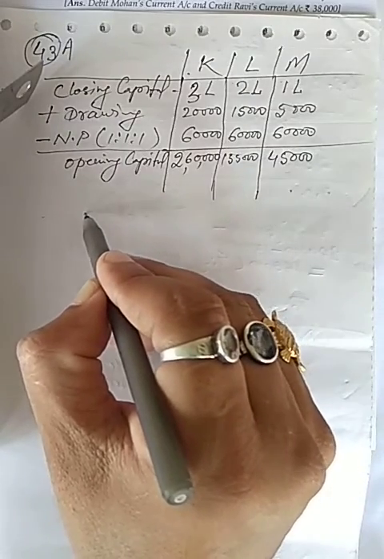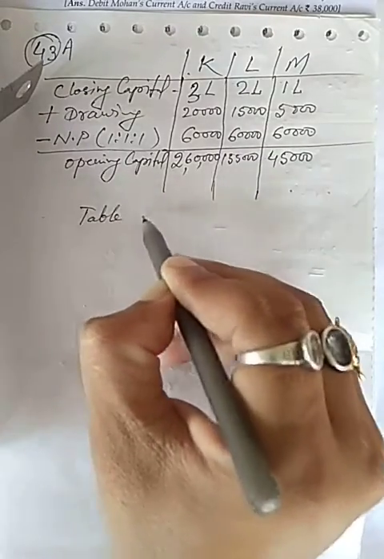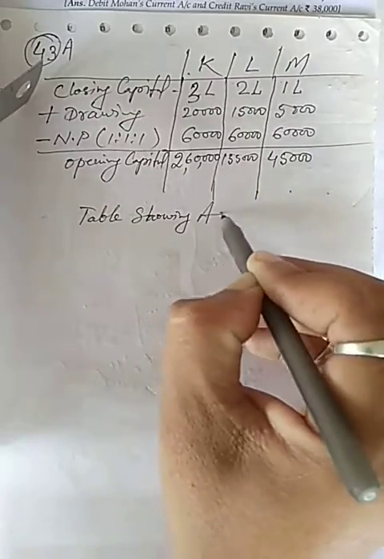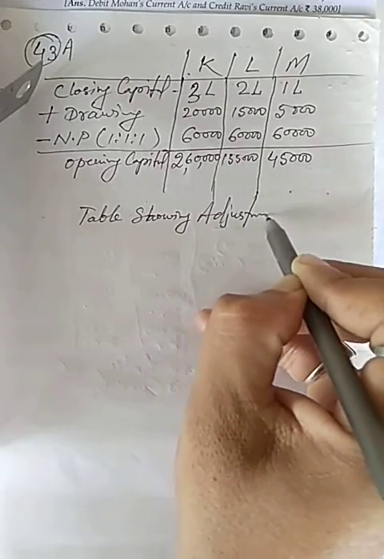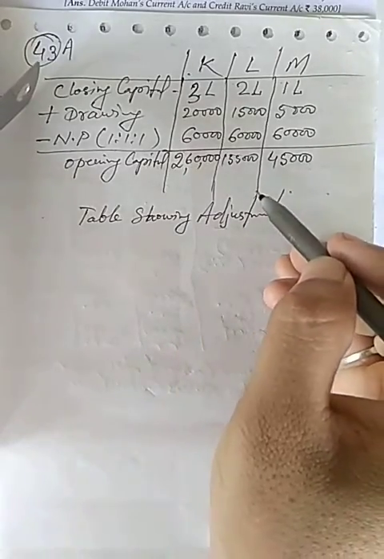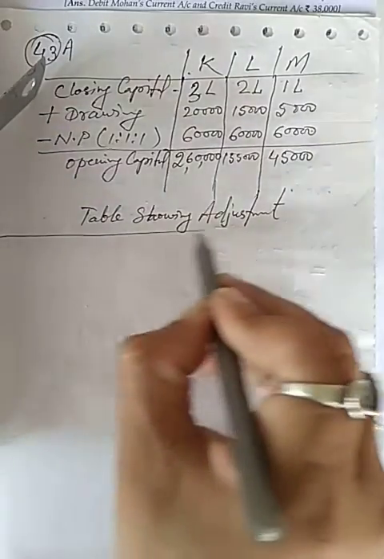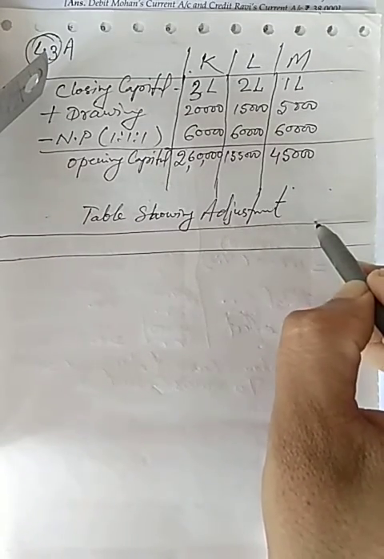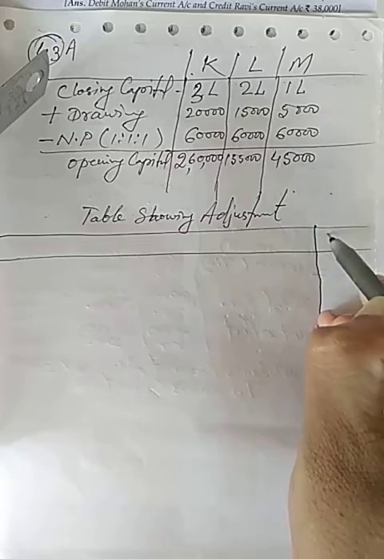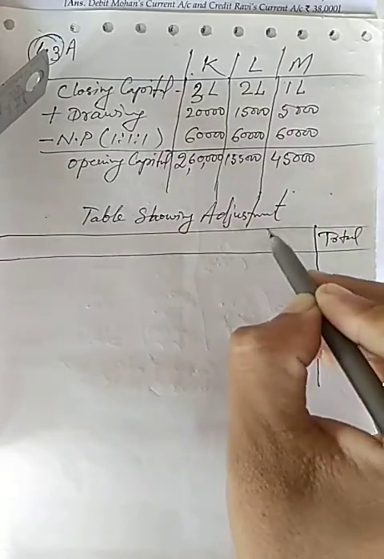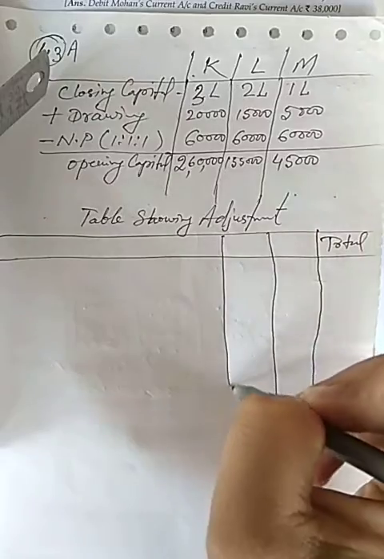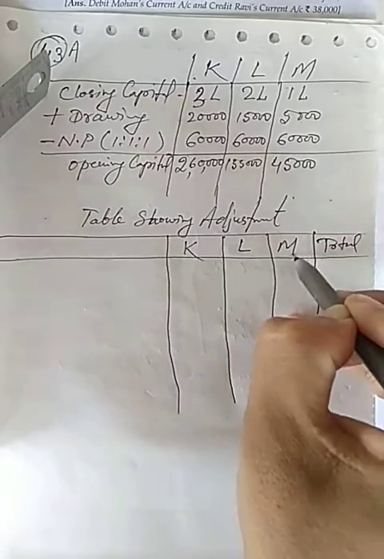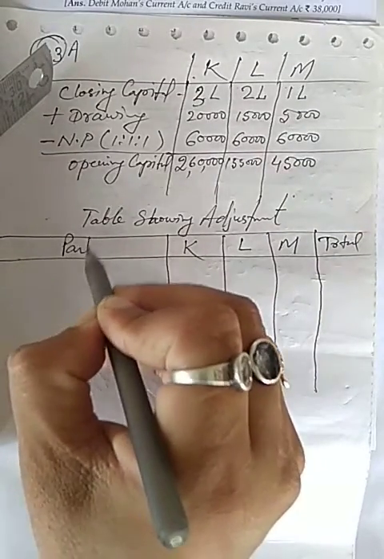So I will write a table showing adjustment for total, K, L and M. Particulars.